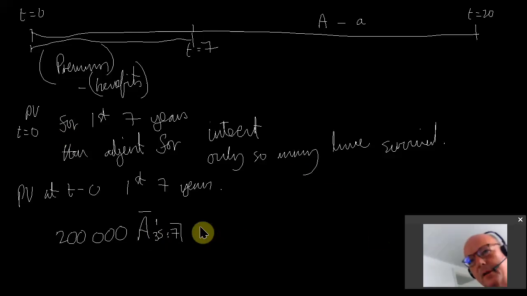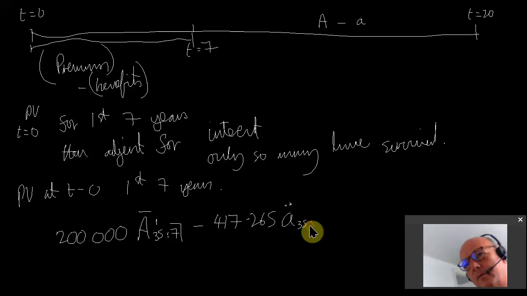That's a mistake I've been making all through, which is a bit annoying. And then I take off the 417.265 times a double dot 35:7. That will give me the present value at time t equals 0 of how much reserve I should have per person who takes out the policy.